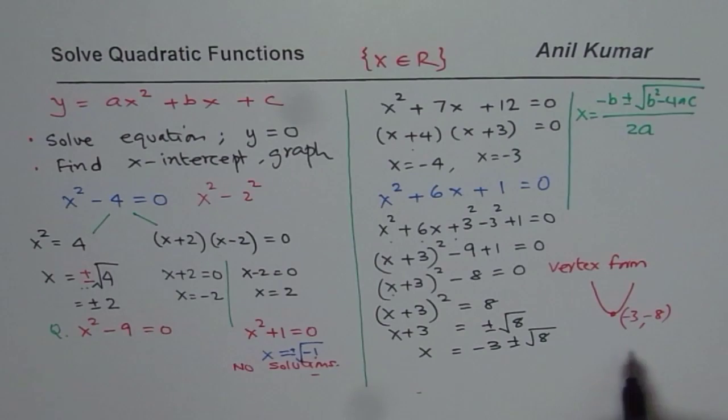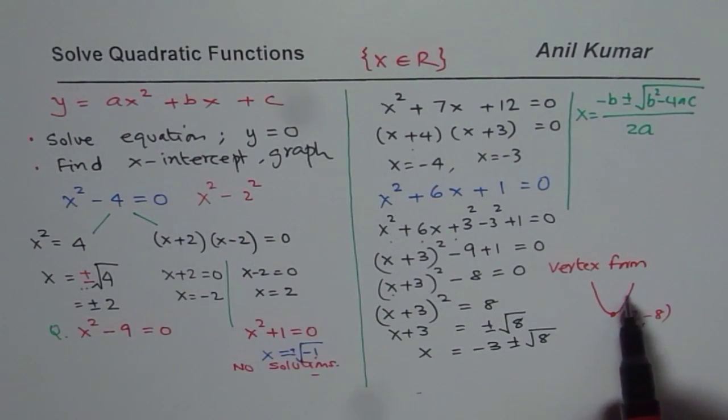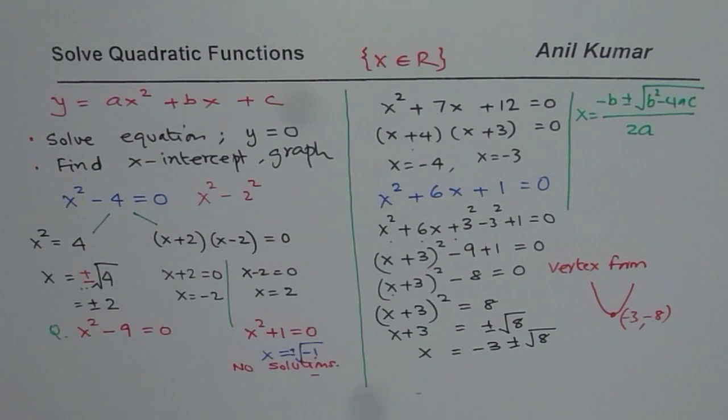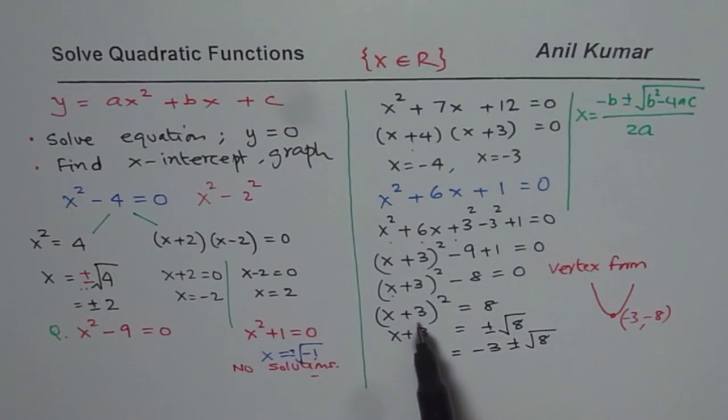So that is going to be the minimum value for this particular parabola. At times, that could be the question for you to solve: find the minimum value of the parabola represented by the given equation. In that case, you have to follow this method, and the method of applying the quadratic formula may not work for you. So it's good and handy to know these skills.